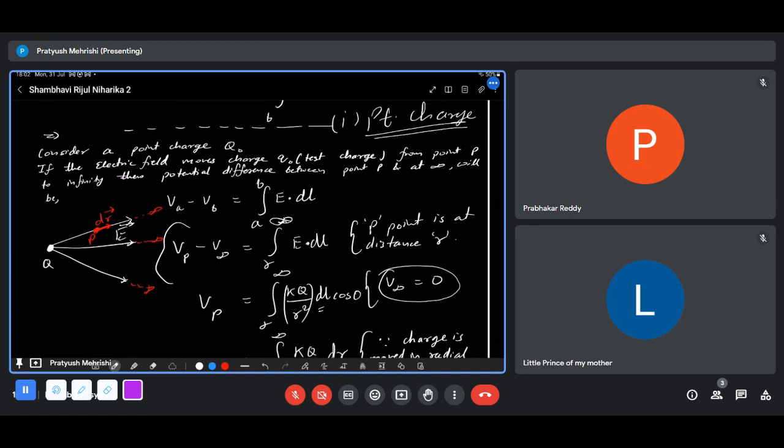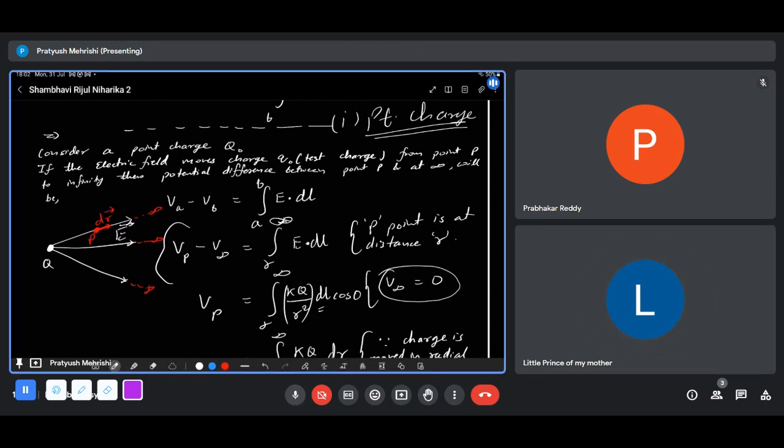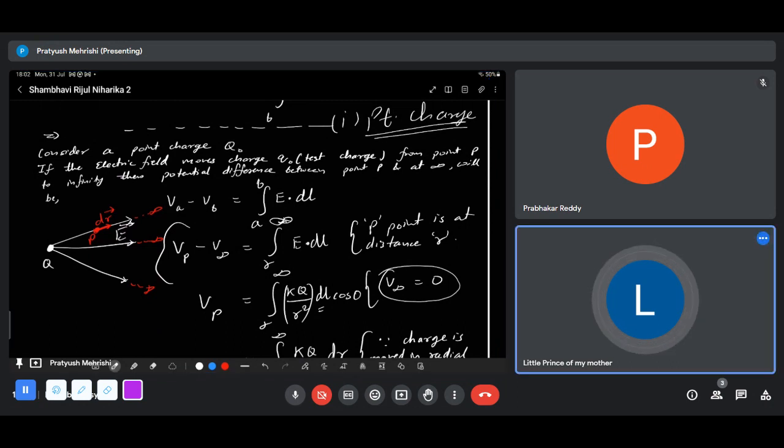Hello, Hemant, am I audible? You're audible, sir. From which point do you need to take down? From this point on, I said that one diagram. Copying. Fine, just tell me when to scroll.